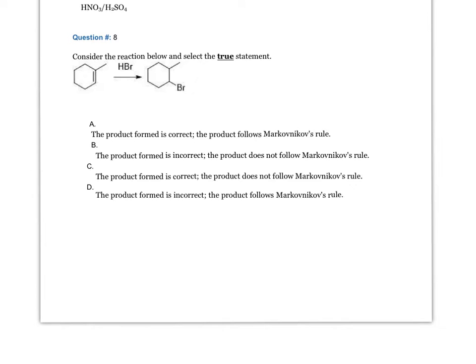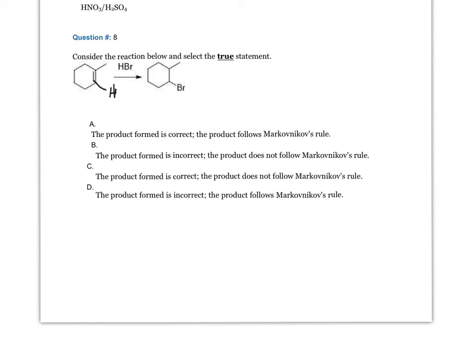Question number 8. Consider the reaction below and select the true statement. So, if we look at it, the answers say all of them have Markovnikov's rule as part of them. So Markovnikov's rule is that the carbon atom in the starting material that has the most hydrogen atoms gets hydrogen richer.